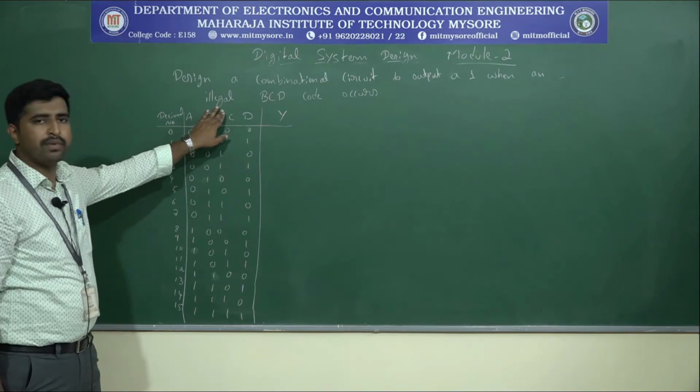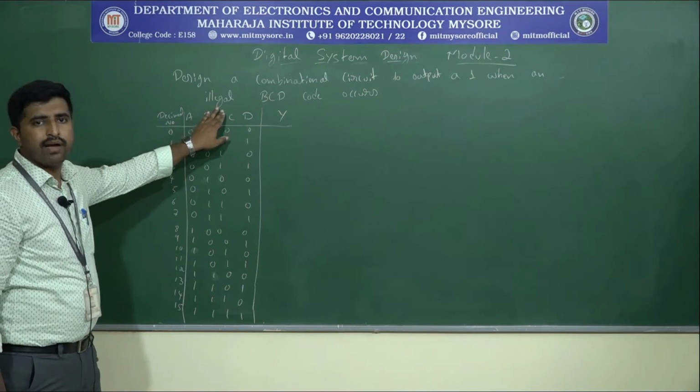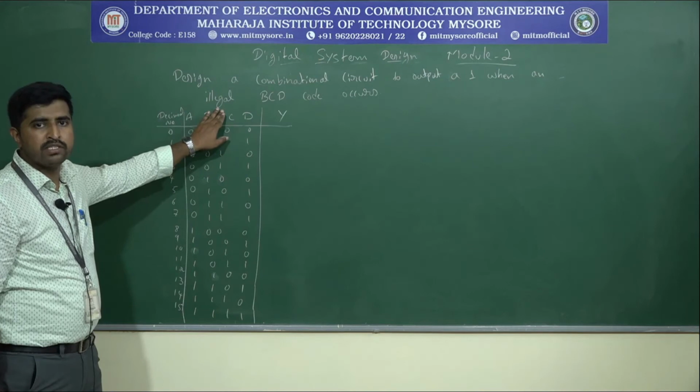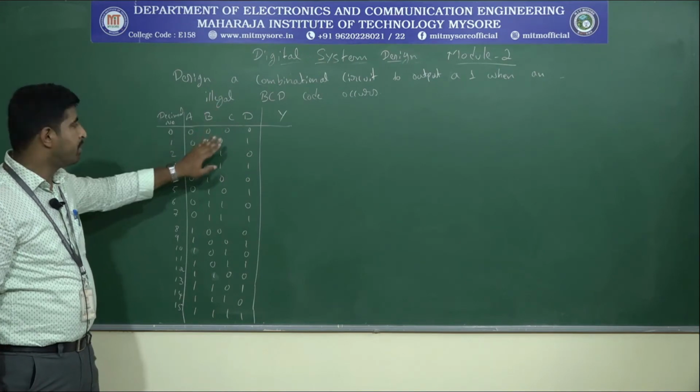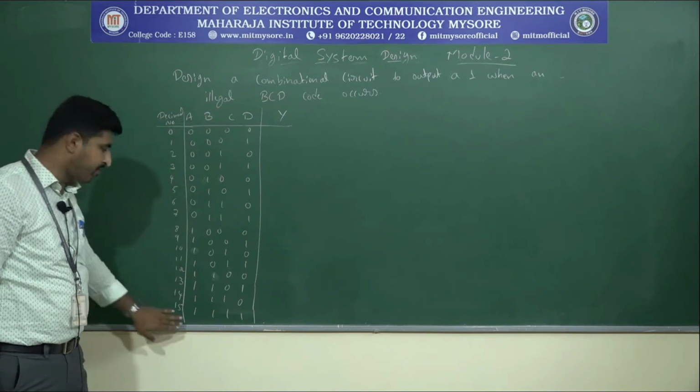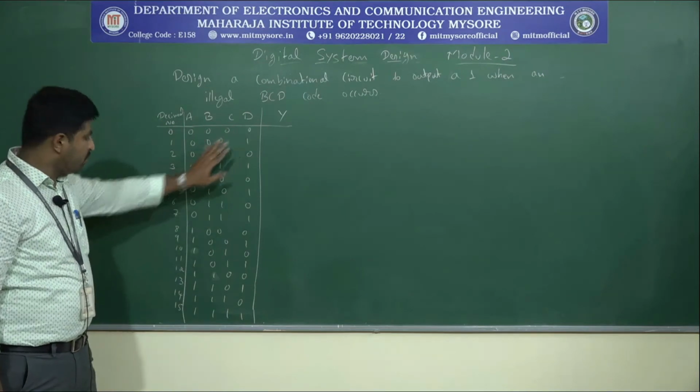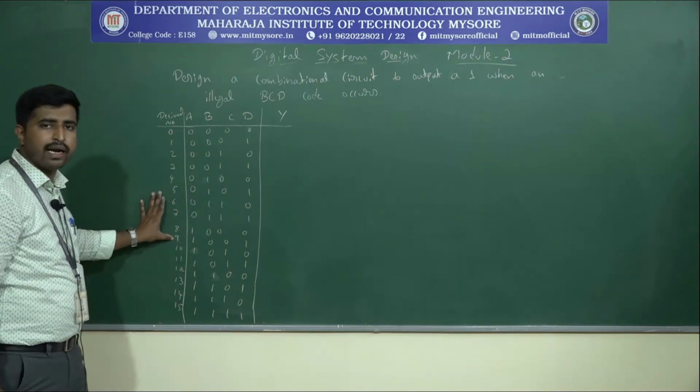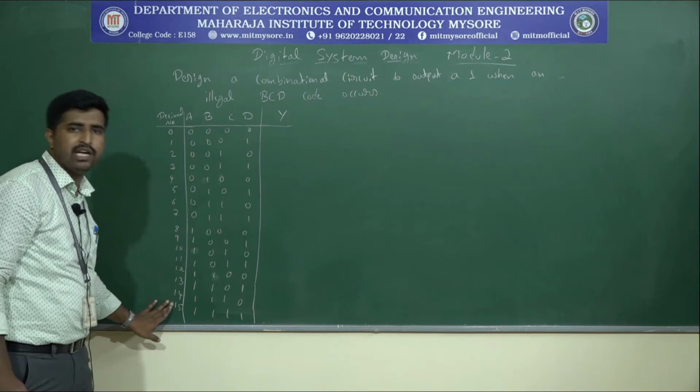As I already said, the BCD code has the values from 0 to 9, and the 4-bit inputs cover 0 to 15. In this range, 0 to 9 is the BCD code, and the remaining ones are the non-BCD codes.